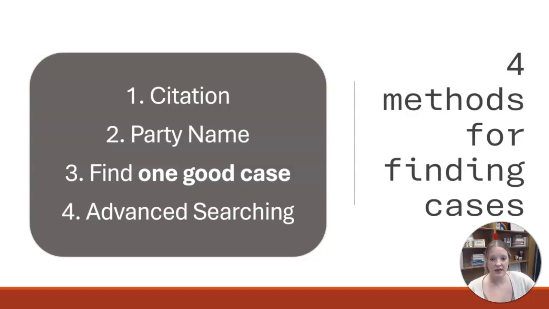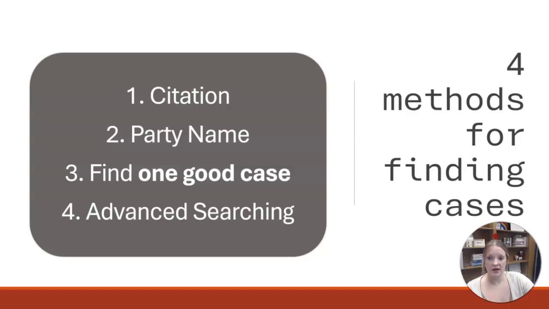Then we've got the one good case method. So what does that mean? It simply means that once we've found one good case, we can work to find other relevant sources. If we find our case using citation or party name, and we have determined that case is relevant, we can take other tools such as citing references, which shows the cases that are citing the case we're looking at, or headnotes, which are the tools that summarize legal issues above the case.